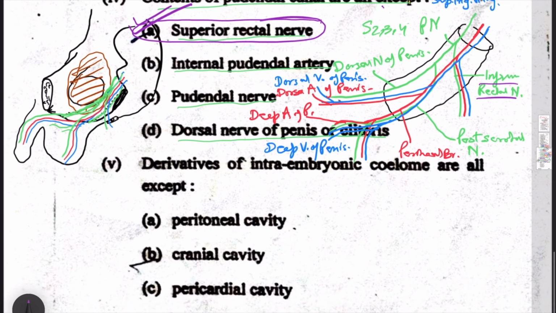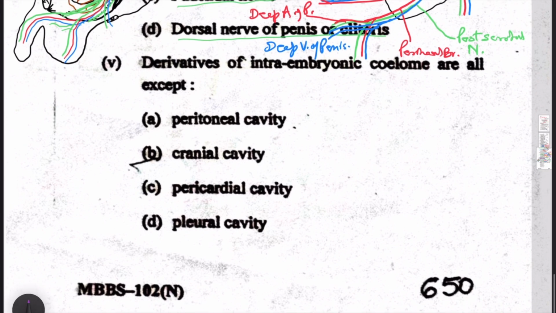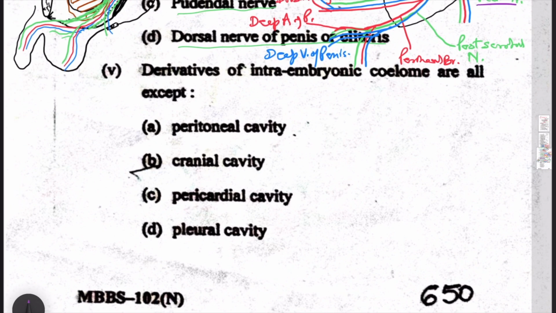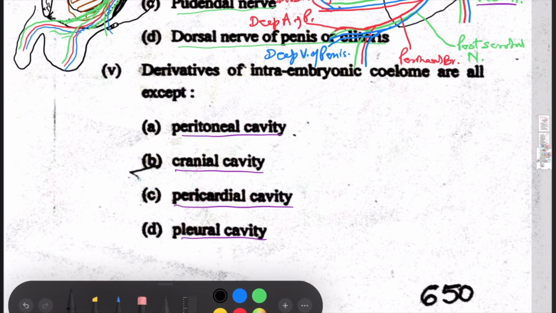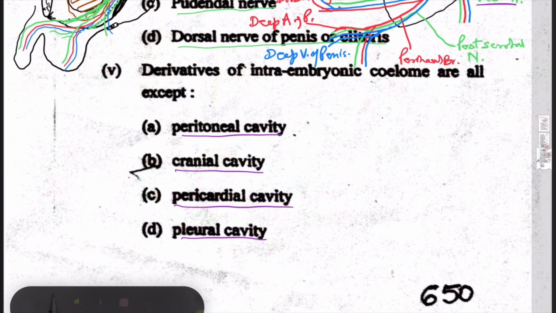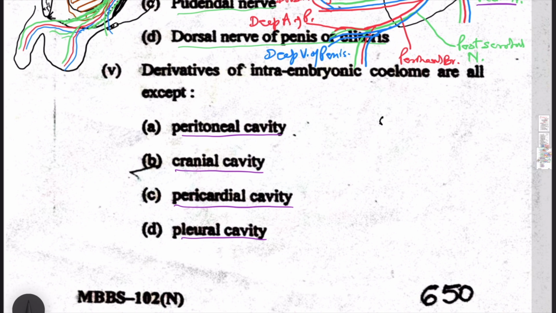Now let's move to the last question. It is about derivatives of intraembryonic coelom, all except: peritoneal cavity, cranial cavity, pericardial cavity, pleural cavity. So look here, let's say this was the developing foregut, midgut and hindgut.